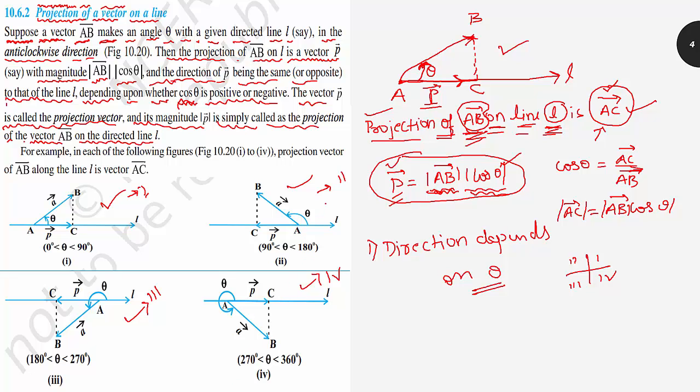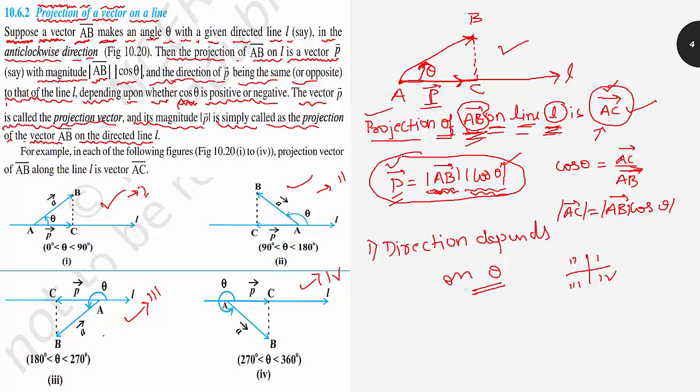For example, in the first quadrant cos is positive, in the second quadrant cos is negative, in the third quadrant cos is negative, in the fourth quadrant cos is positive. That means whenever theta is in second quadrant, P becomes negative.